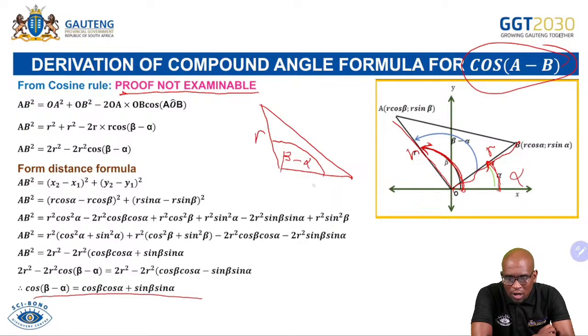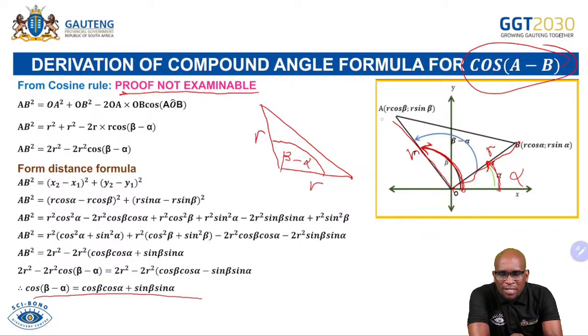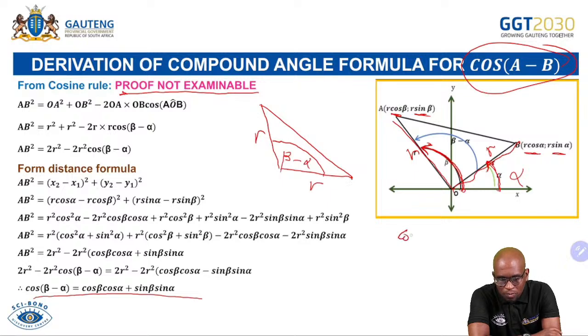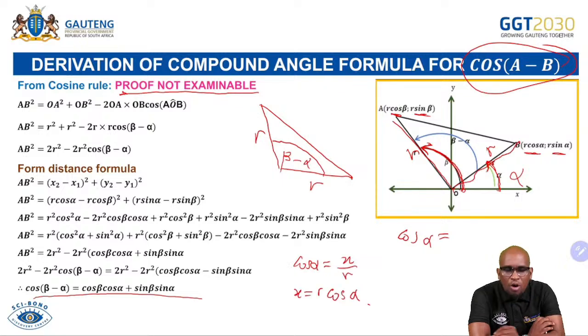We also know that we have this terminal ray R, and then we can use our trigonometric ratios to write down the coordinates of point B and the coordinates of point A using those terminal rays. Remember, the cosine of alpha would be given by adjacent over hypotenuse, which is x over r, which means that x would be r cos alpha.